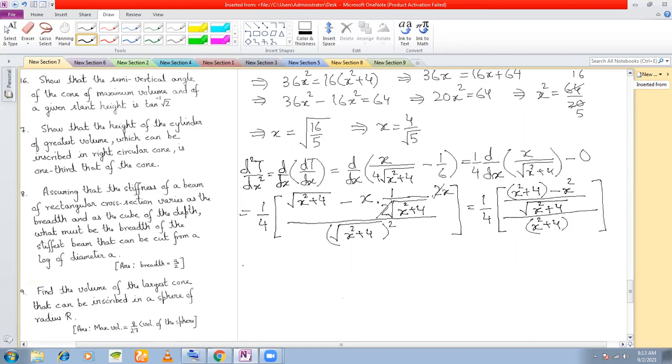Right? Now you take root over of x square plus 4 in the denominator and write it as x square plus 4 to the power of half. Now see here, this x square and this x square will cancel here.